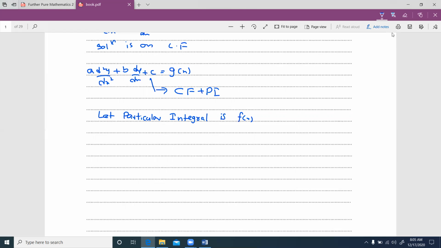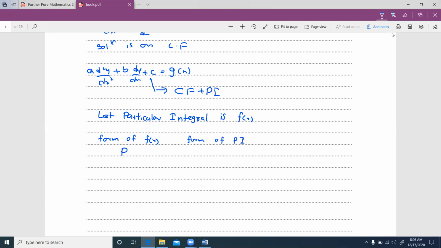Then you can say the form of f(x) tells you what different kinds of particular integrals can come up. We are learning a few forms of f(x), and we consider the form of particular integral for each kind.